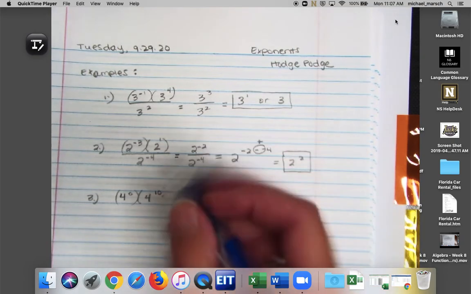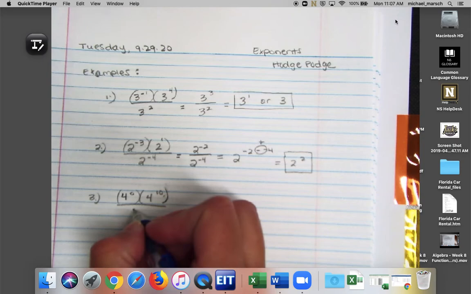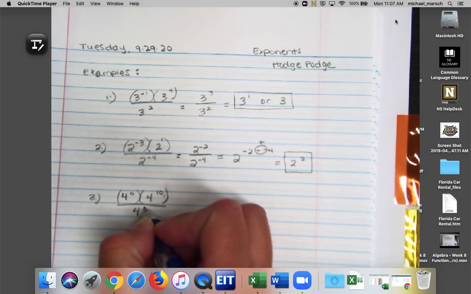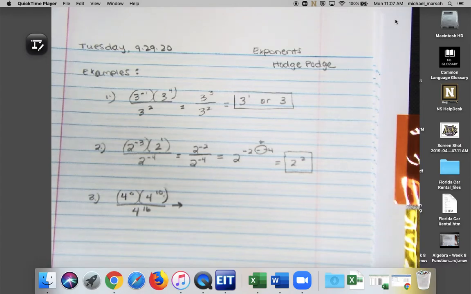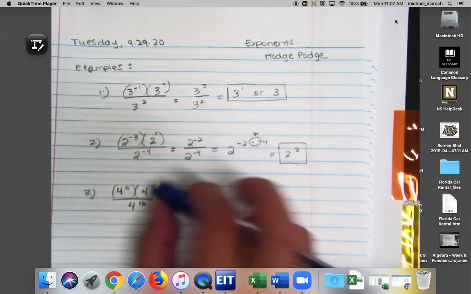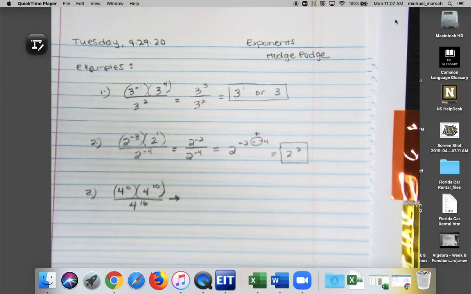4 to the 0 power times 4 to the 10th divided by 4 to the 16th. What is anything to the 0 power again? 1. Just the number 1.